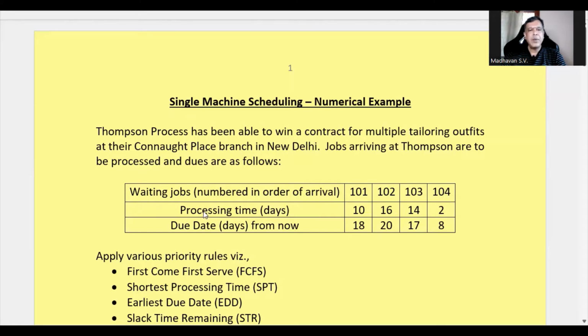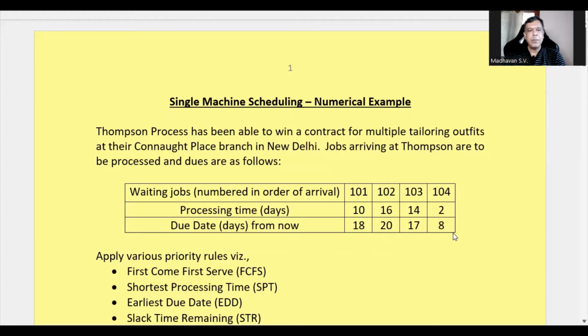The processing time required in days is given as 10, 16, 14 and 2. And from today, the days remaining based on the committed due date are given: 18 days for this job, 20 days for this job, 17 days for this job, and 8 days for this job.